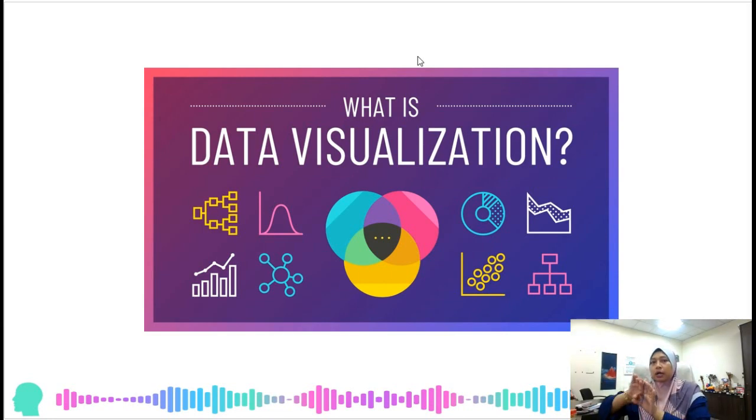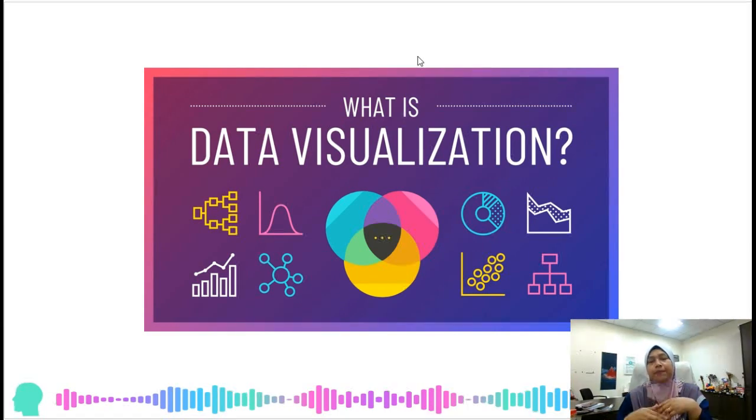Lepas tu dia keluarkan pula information daripada cluster. Those are considered data visualization. Again, if that information were put in text or in a table, you wouldn't be able to remember things better. You wouldn't be able to find the significance in the data. You literally cannot even make sense.